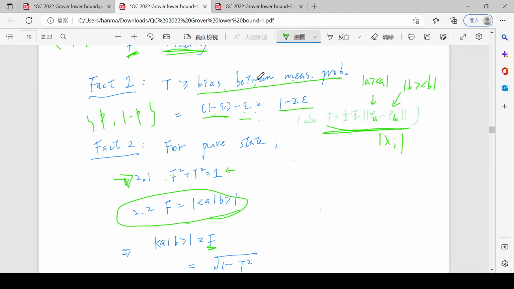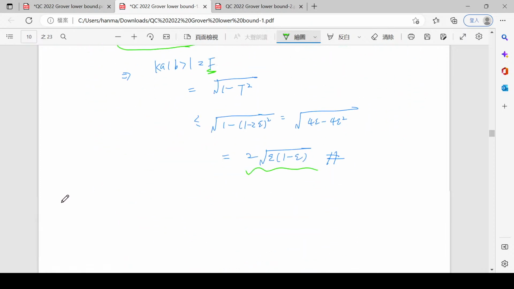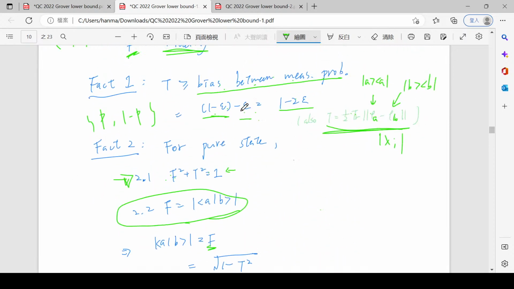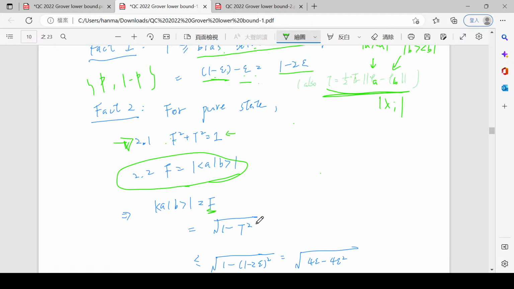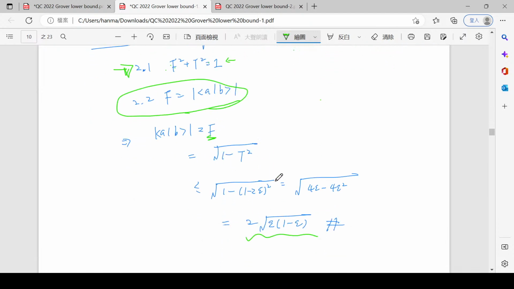This is basically the starting point and the end point we want. For pure states, there is also a very nice relationship connecting these two quantities. We know fidelity squared plus trace distance squared equals 1. Basically you just use those three things and they give our results. We can start with trace distance and calculate the fidelity, and we get a bound on the fidelity. Okay.